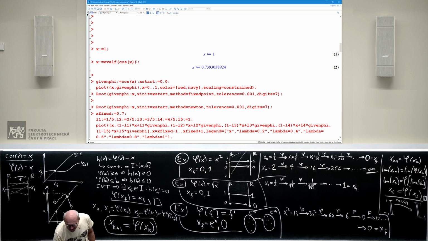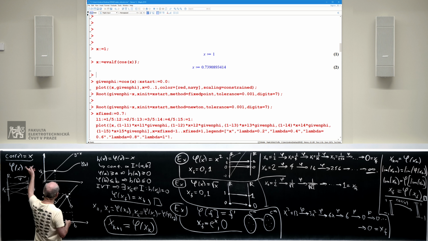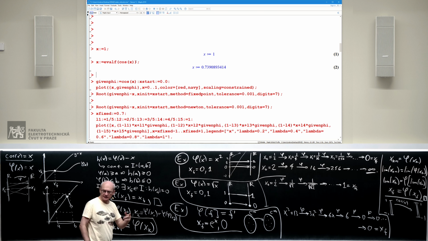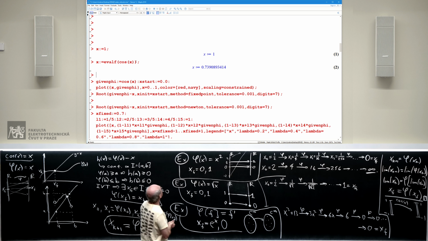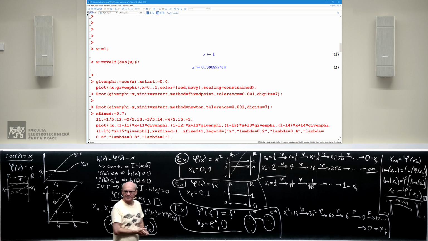And now 0.73 is no longer changing. And now 0.739 is no longer changing. So this really looks like a convergent sequence, the one that I'm generating here. So it seems that for cosine, this iteration business works really well, and it provided me with an approximation of my solution, this number x that I'm looking for, and I think by now the 4 decimal digits should be okay.